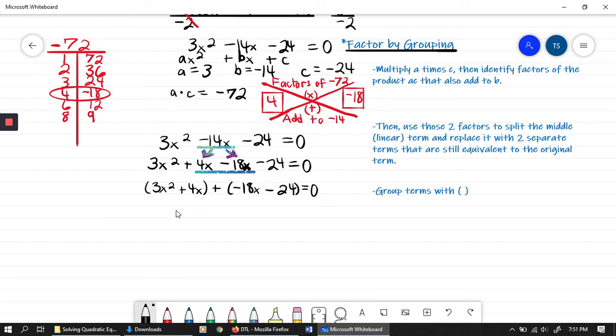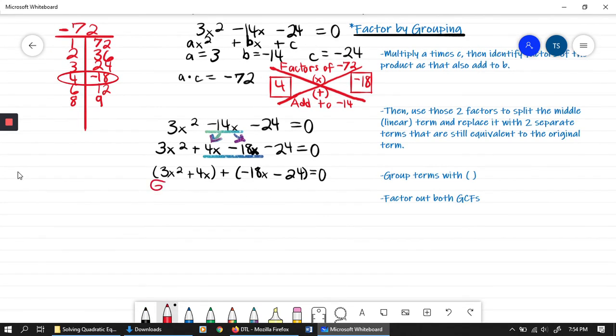The next thing we want to do in factoring by grouping, remember, is to factor out the GCF from both of those groups. For the first group here, the greatest common factor, well, okay, so 3 and 4, those 2 constants, those 2 numbers don't have any factors in common.